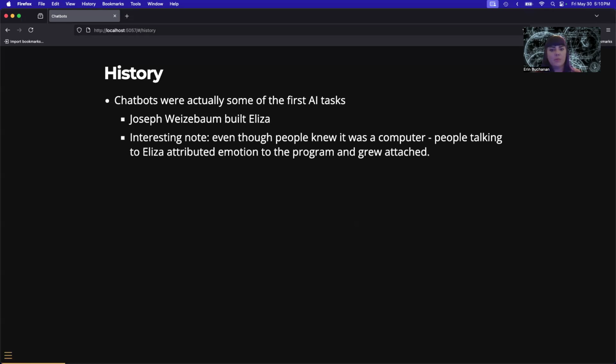So even though people knew it was a computer, right? And they're working on cutting edge stuff at the time, people knew it was a computer. The research assistants, the secretary, the people who were interacting would attribute emotion to the program's responses and would grow attached as if they were talking to a real person. Right? I think now it's a little different because we interact with them so frequently.